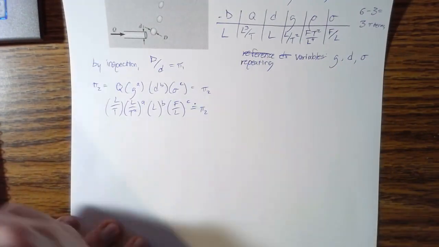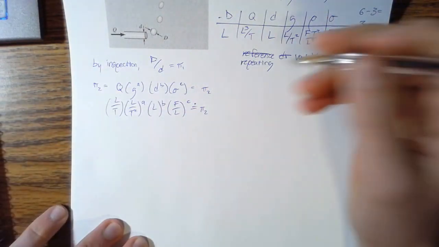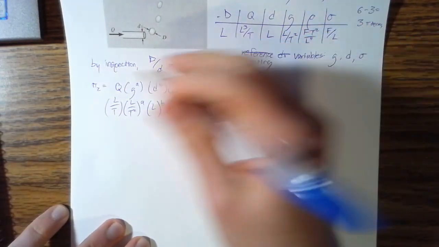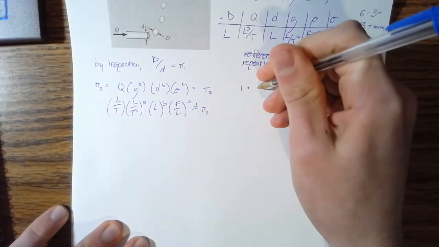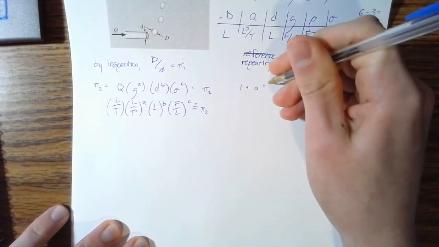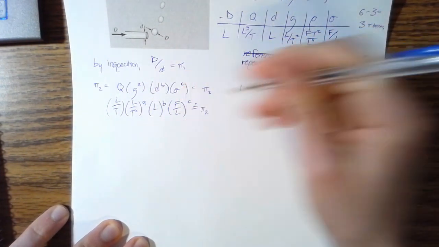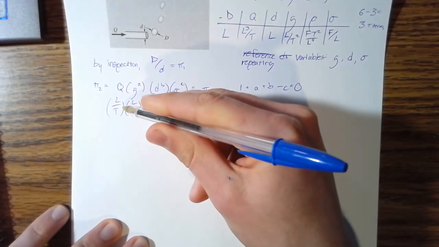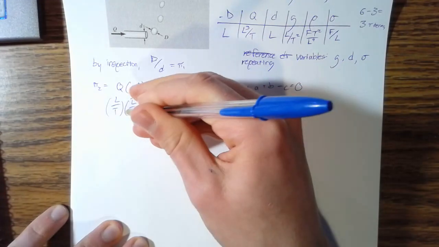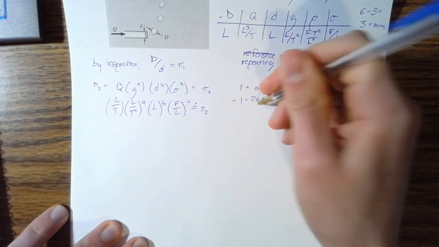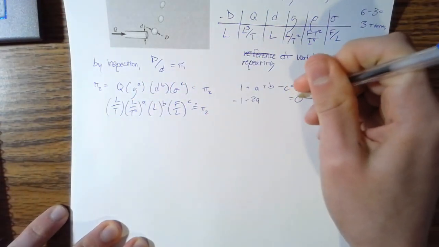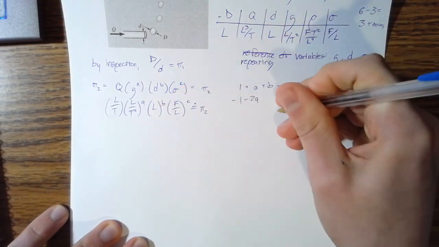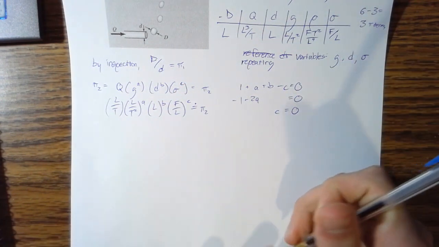All right. So then we just walk through, looking at length. We have one length from a, one length from b, and a negative, because it's the denominator for c. For time, -1 minus 2a, that's 0. And for force, we have c equals 0.